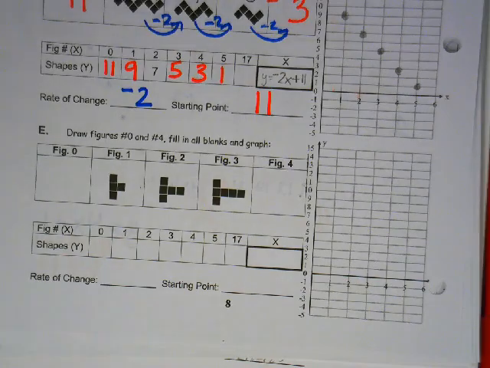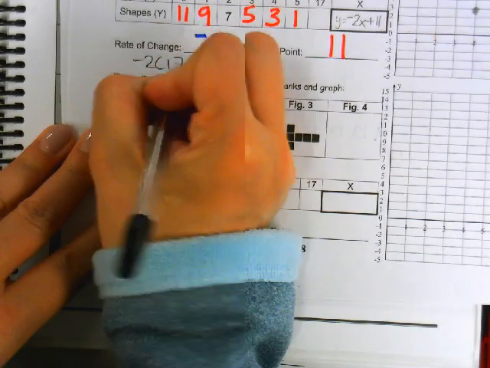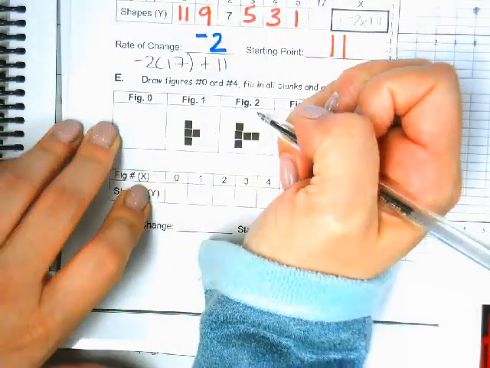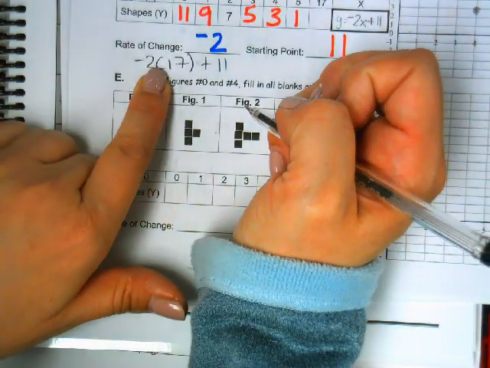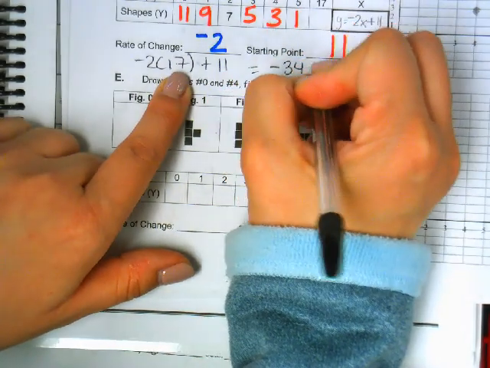Oh, 17. You're right, because that one's actually the one that's going to be on your test. It would be -2 times 17 plus 11. So -2 times 17 is -34 plus 11.